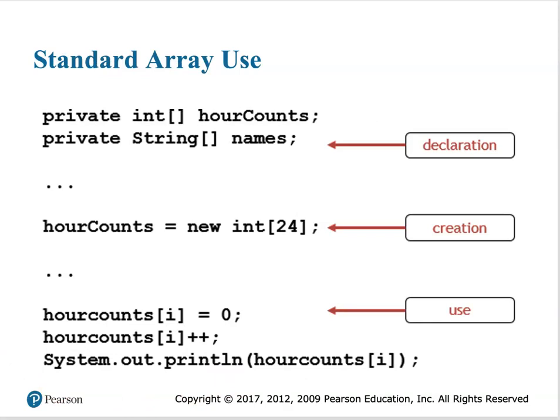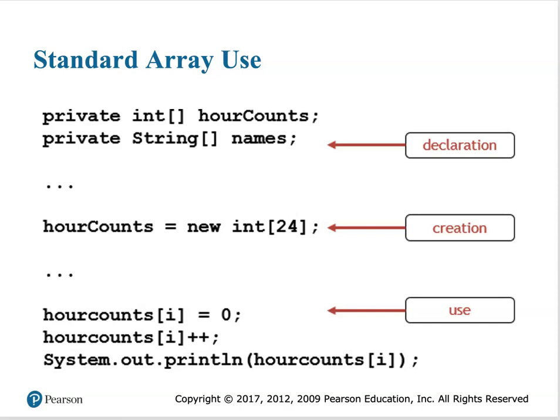So 3 different modes to consider. How do we declare an array? How do we create an array? How do we use an array? In the declaration, the square brackets are empty. It just says this is more than one object or more than one variable. It is a collection of variables.